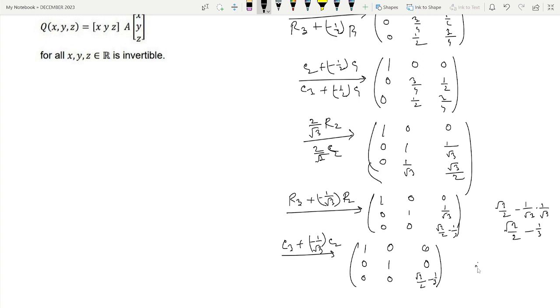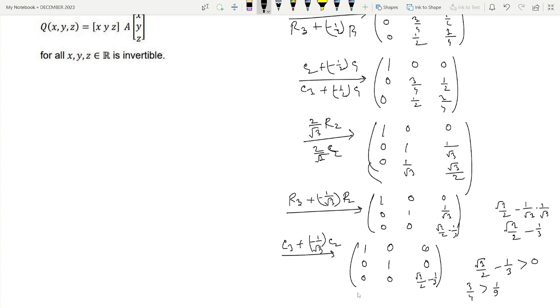Now the question is whether root 3 by 2 minus 1 by 3 is positive or negative. Clearly if we square both, it will be 3 by 4 and 1 by 9. So this will be greater than this. So we have root 3 by 2 greater than 1 by 3. So we have root 3 by 2 minus 1 by 3 greater than 0.